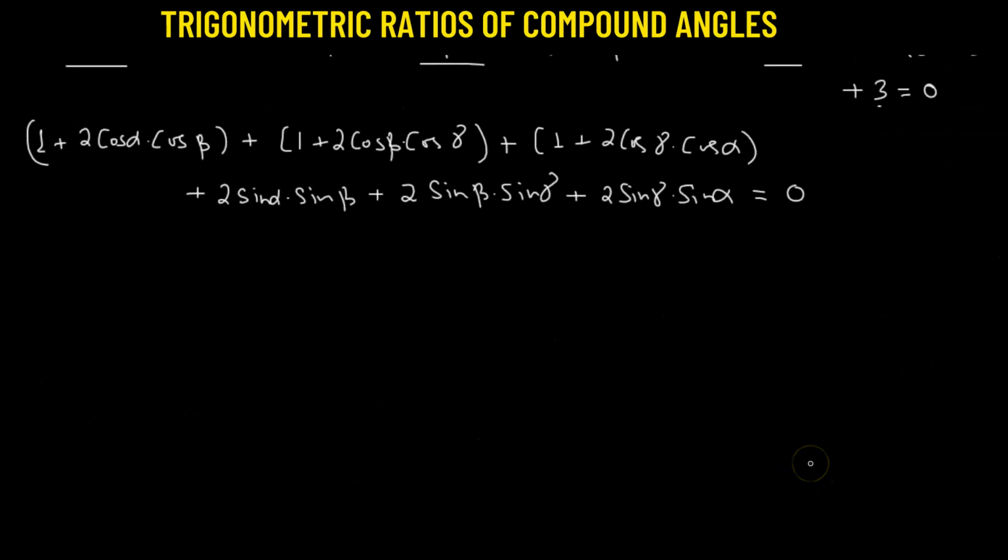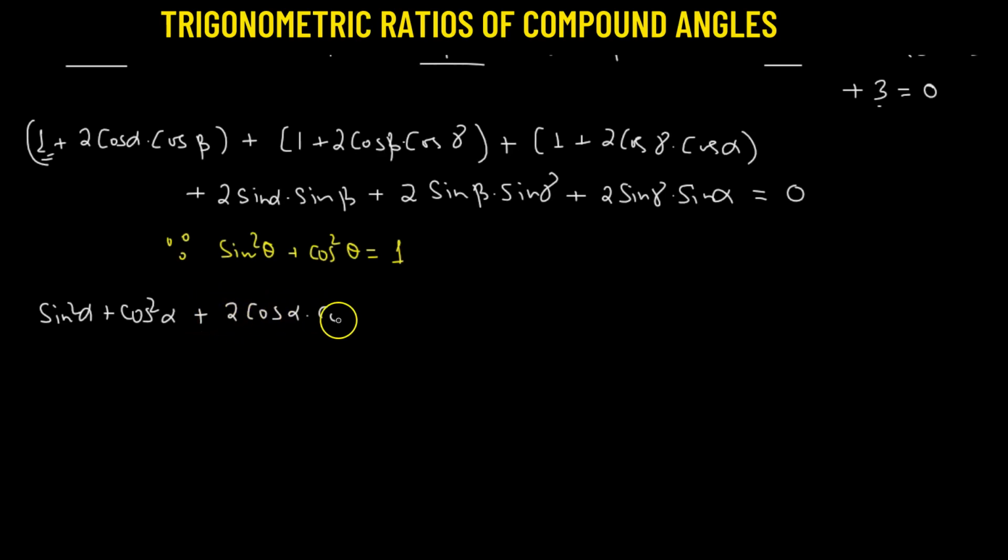Now there's a reason why we wrote it in this particular fashion, because we have a standard identity. We know for a fact that sine squared theta plus cosine squared theta is equal to 1. That's the Pythagoras theorem. So here we're going to replace this 1 with sine squared alpha plus cosine squared alpha plus 2 times cosine alpha times cosine beta. Coming to the next one, we'll replace it with cosine squared beta plus sine squared beta plus 2 times cosine beta times cosine gamma.